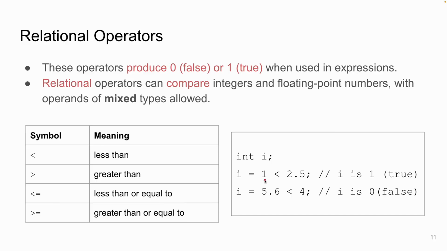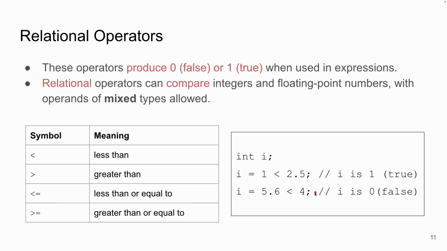The answer is obvious, right? So this condition is true, because 1 indeed is less than 2.5. So the return value of this expression will be 1. If we print out the value stored inside I after this line, the value stored inside I will be 1.